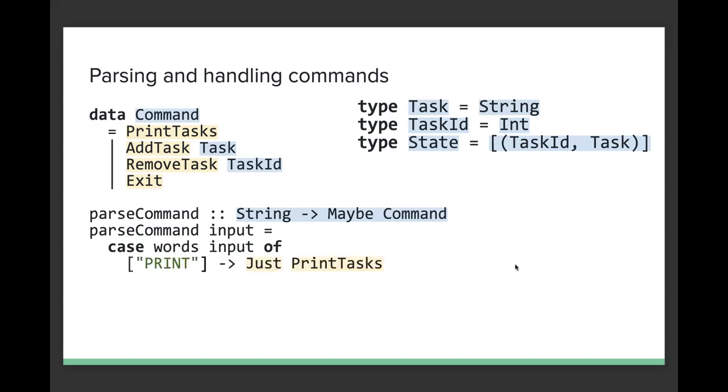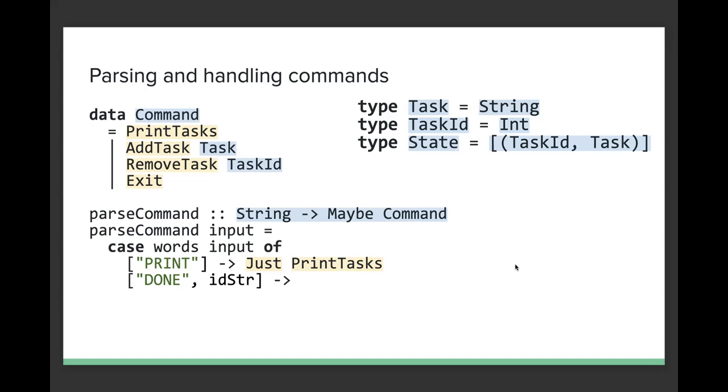So if we have just one word and this word is print, then the command is successfully parsed, which means I use Just, right? And the result of the parsing is the command print tasks. If I have the word done, or remove, I guess, could be also. So done would correspond to remove task, and it takes as its argument an identifier of the task.